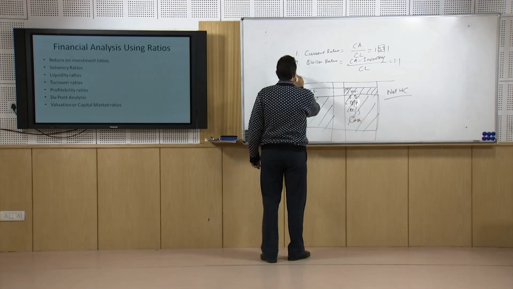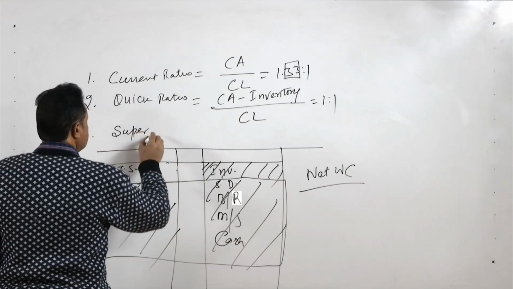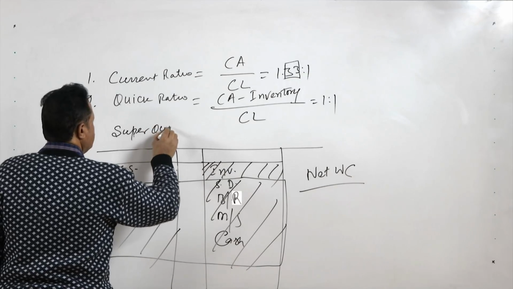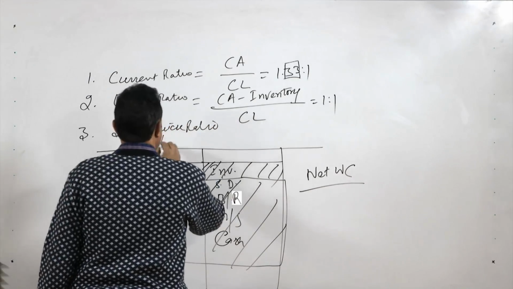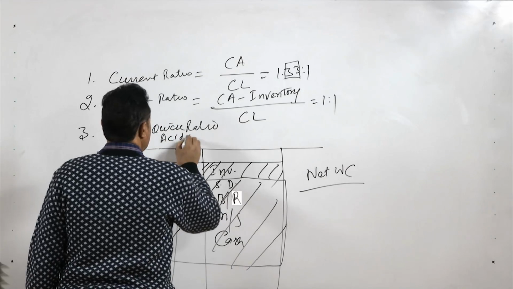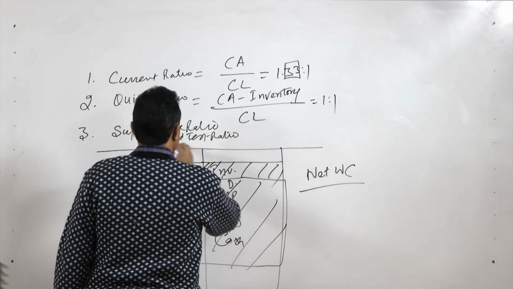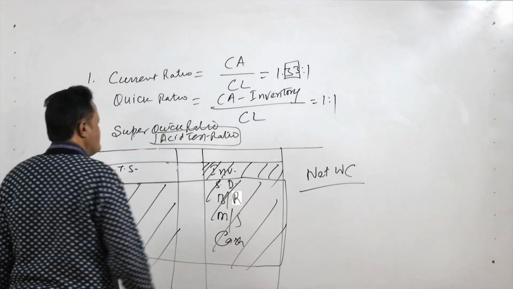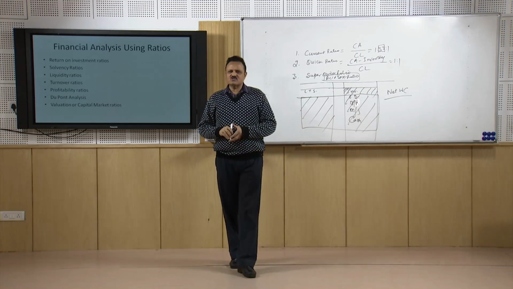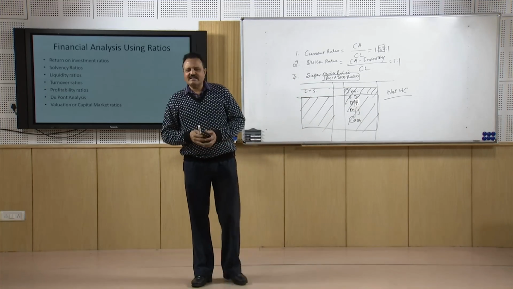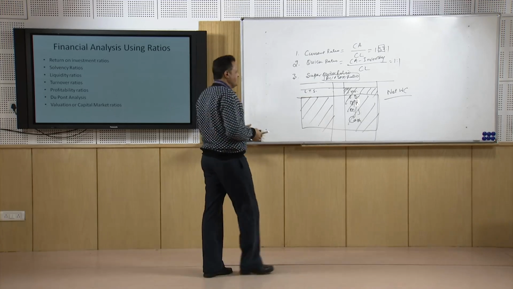And then the third ratio is the super quick ratio, or you call it the acid test ratio also. This is almost talking about the cashability of the firm's current assets, which is almost cash or near cash.